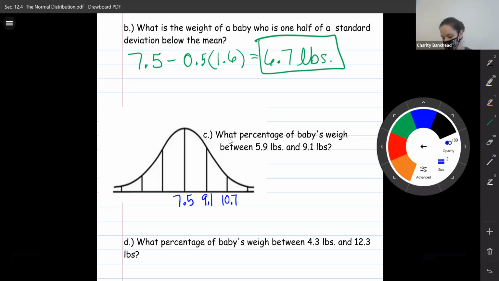Plus another 1.6 equals 12.3. And then on the other side, you can do 7.5 minus 1.6 equals 5.9. Minus another 1.6 equals 4.3. Minus another 1.6 would be 2.7.